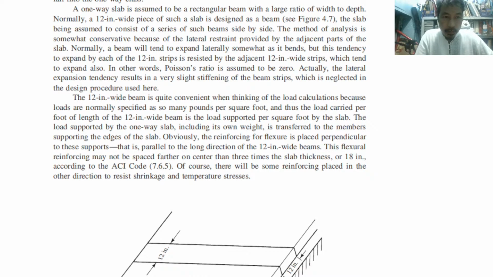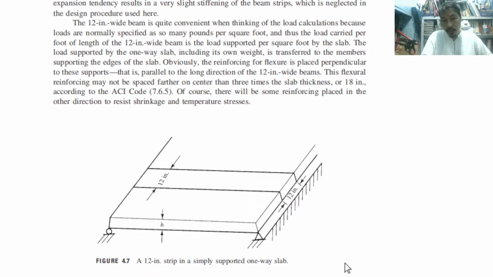Only that normally a beam will tend to expand laterally somewhat as it bends, but this tendency to expand by each 12-inch strip is resisted by the adjacent 12-inch strip. So we can design a slab by cutting off a 12-inch strip, one-way slab design per 12-inch.